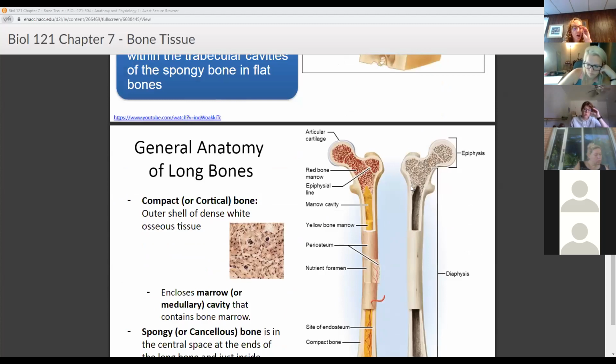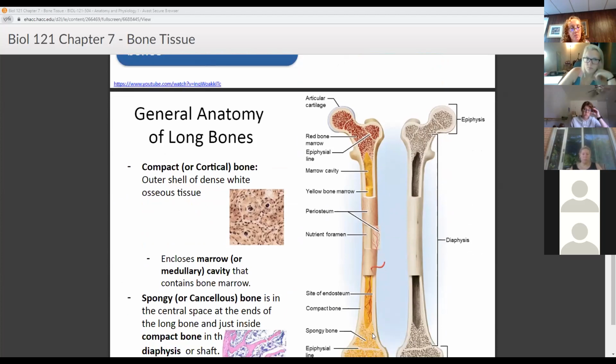Looking at the basic anatomy of long bones, compact cortical bone outlines the whole entire surface. This compact bone encloses the marrow or the medullary cavity that contains the bone marrow.